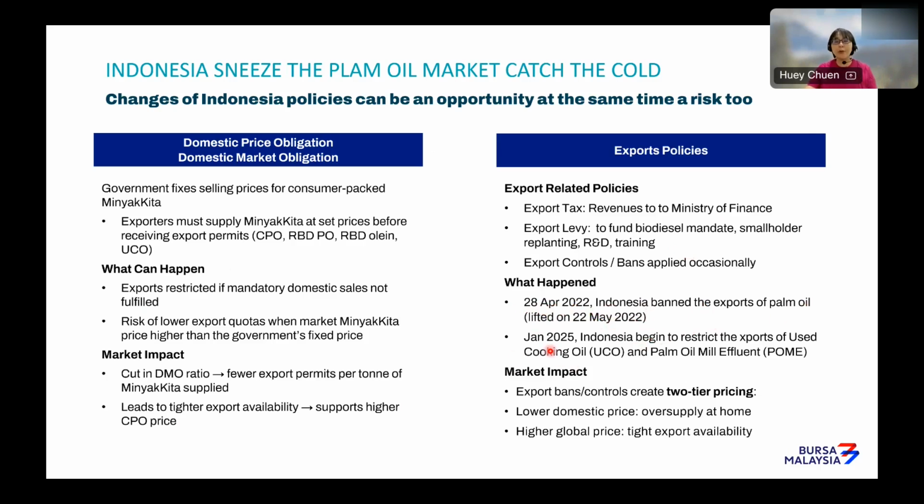And from January 2025 until now, they still restrict the export of used cooking oil and POME. That export ban will always create a two-tier market, and these are the policies you need to really monitor. You will see headlines keep flashing from Indonesia, especially during the Ramadan months. There are always a lot of restrictions and a lot of rumors.